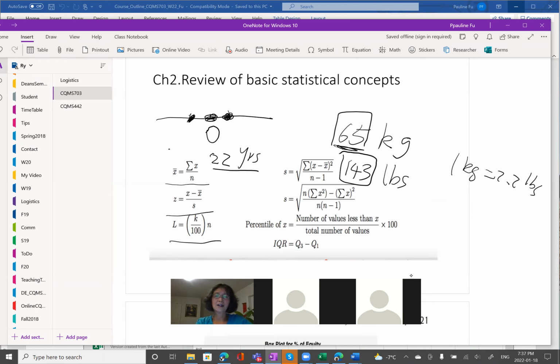And this S is the standard deviation. It measures the spread. Is the data spread all over the place, or is data more concentrated? If it is spread all over the place, you have a bigger standard deviation. If data is more concentrated, you have a smaller standard deviation.